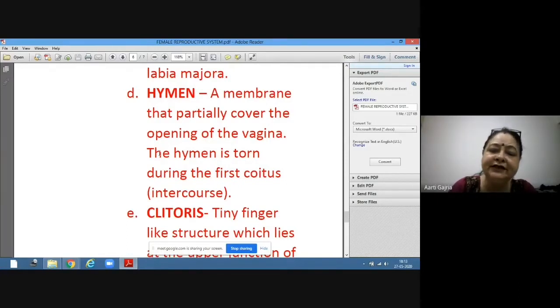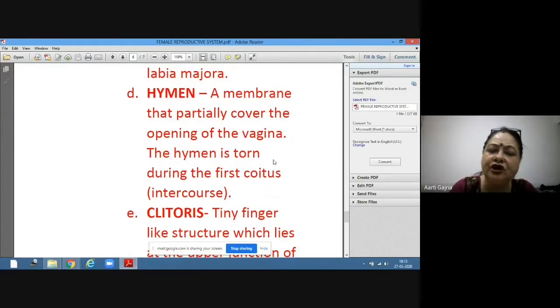Now it is believed that this hymen is torn during the first coitus, that is the first sexual intercourse. But the fact is that this hymen can be torn by vigorous physical activities even before sexual intercourse.